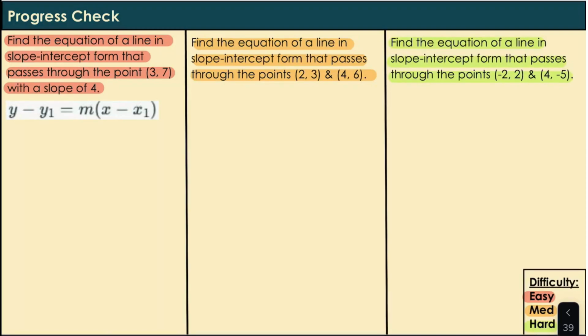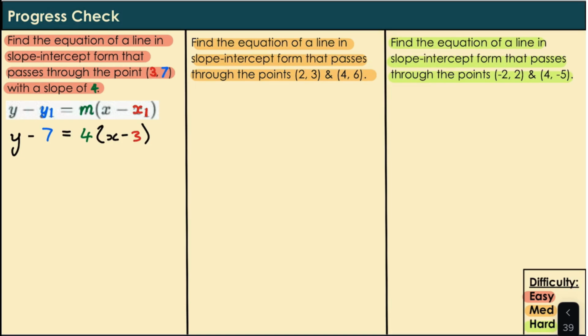Progress check. Have a go yourself, then check your answers with mine. First question, find the equation of a line in slope-intercept form that passes through the point 3, 7 with a slope of 4. We have m as our slope. What is our slope? It is that green 4. We have x1, which is 3, and we have y1, which is 7.